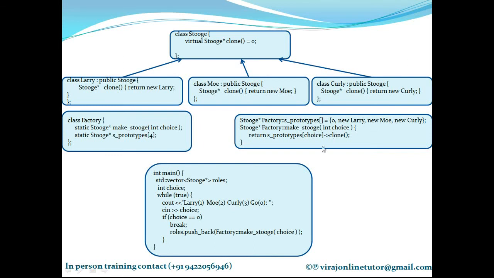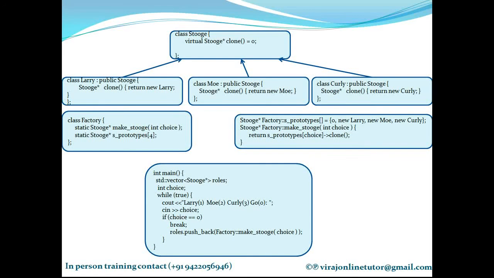So it will call clone of Mo, and it will return Mo. Okay, understanding? So if the user passes 3, then 3 will be passed here. So what is located at 3? 0, 1, 2, 3. So I'll get Curly. Curly's clone I am calling, and it will return a new Curly. So with this I am creating the objects based on whatever the user says.